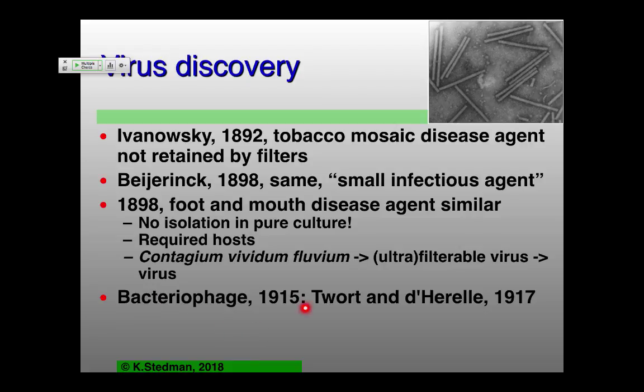So bacteriophage, phage just stands for eating, so whatever eats bacteria, later found to be these sort of disease-causing agents as well, also very small in terms of filtration. Félix d'Herelle is really thought to be the father of the bacteriophage and of phage therapy. And so there are a number of d'Herelle institutes that we'll talk about a little bit later on here.